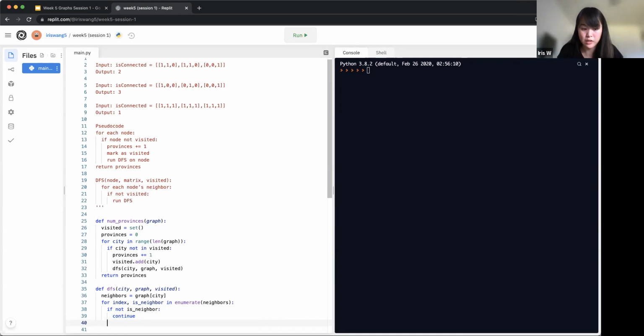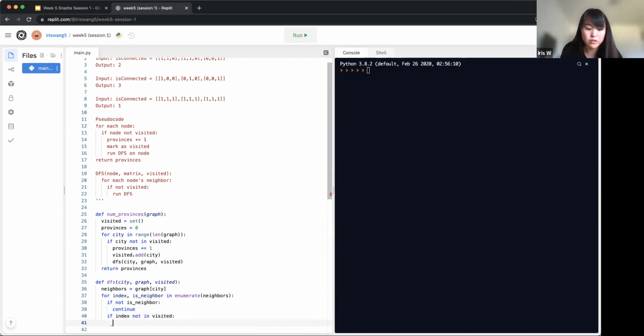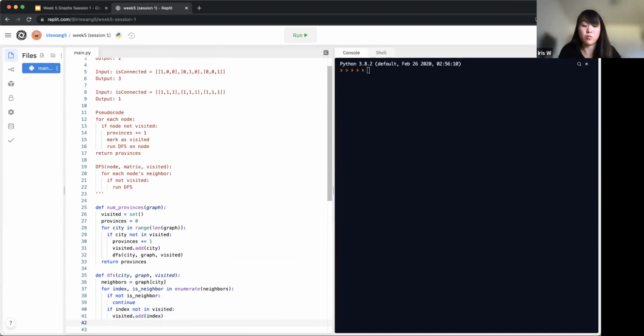And we just want to make sure that that city is not in the visited set. So if the index, which corresponds to a city, has not been visited, then we go ahead and make sure we add it with visited.add(index). And we want to fully explore the province starting at this unexplored city.